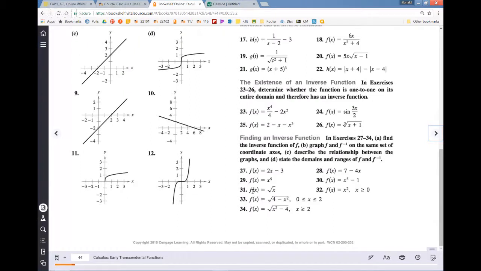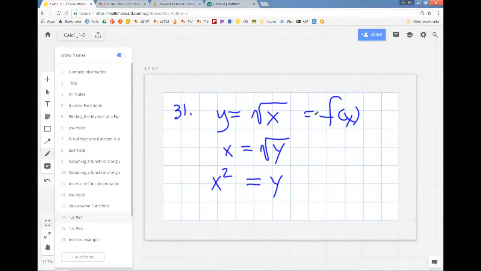Okay, so f of x equals the square root of x. So we write y in there in place. We switch the coordinates. We solve for the new y, so in order to get the y out from under there, we'd have to square both sides, and we come up with this being the inverse.